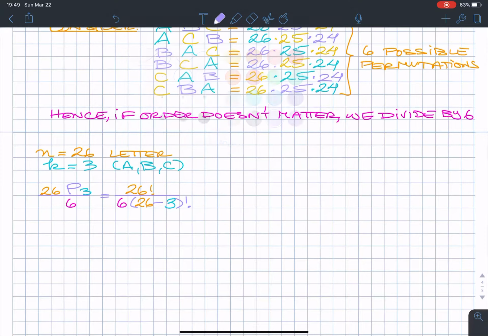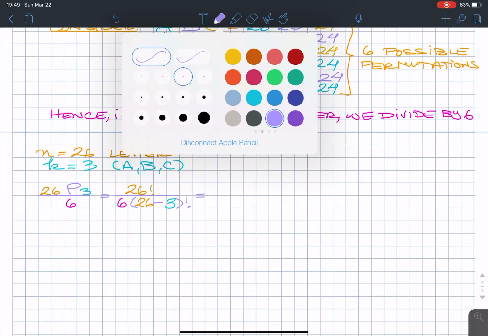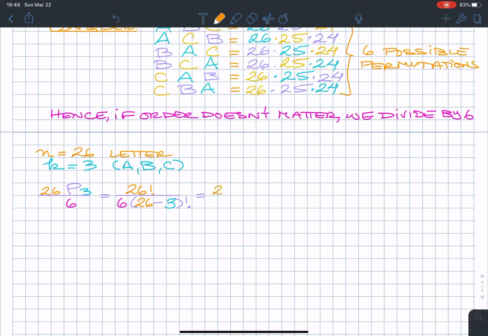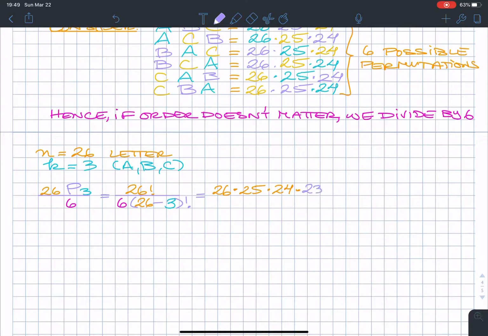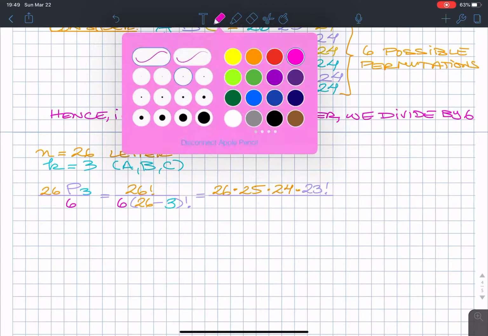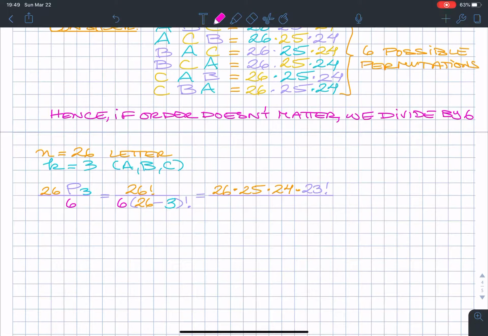So what does this give us? This gives us 26 times 25 times 24 times 23 factorial for the rest of that factorial, all divided by, well, I can actually write 6 as 3 factorial, that is 1 times 2 times 3.